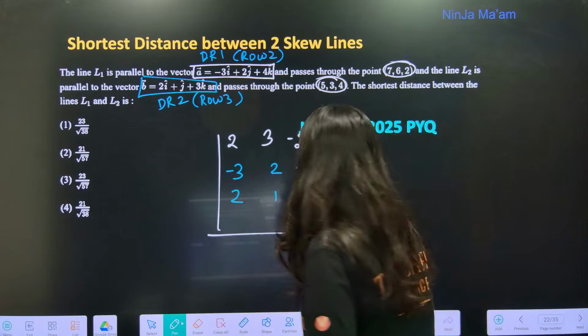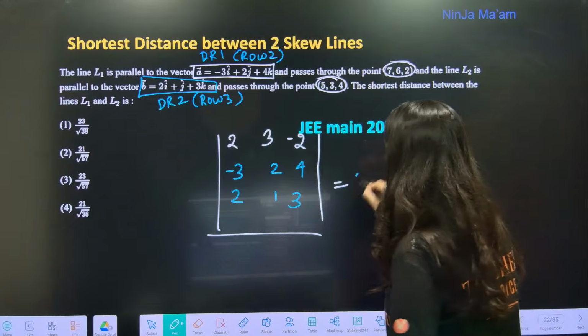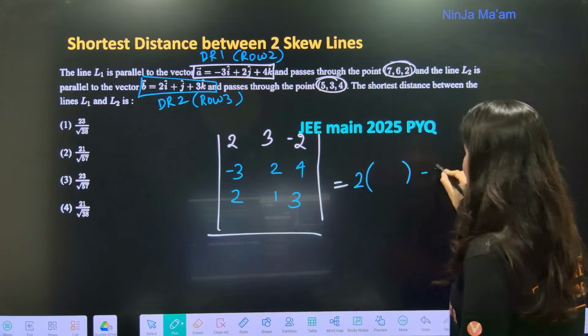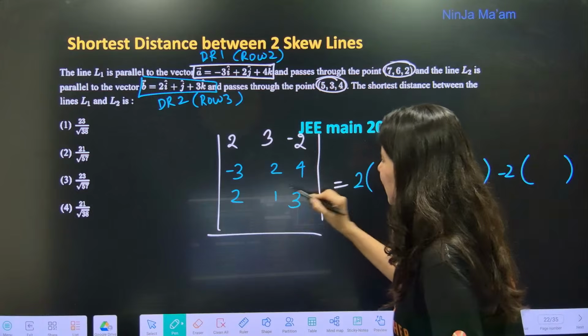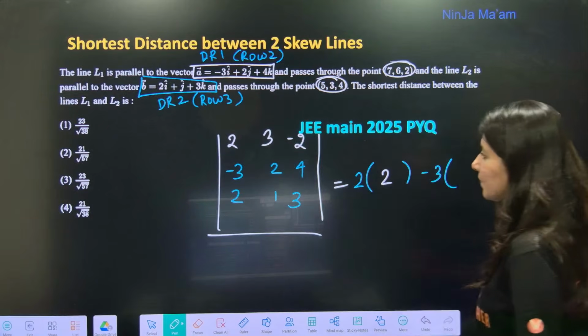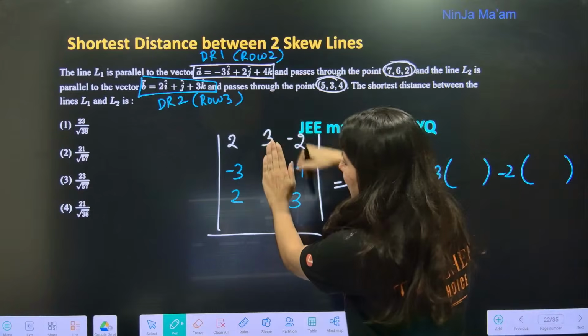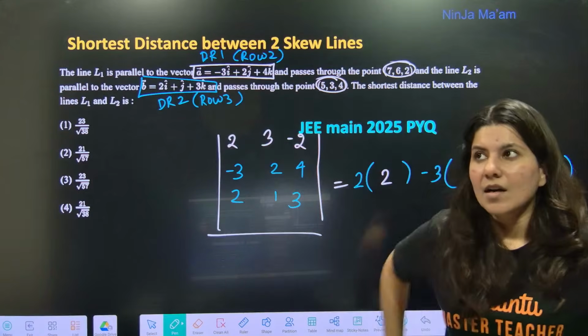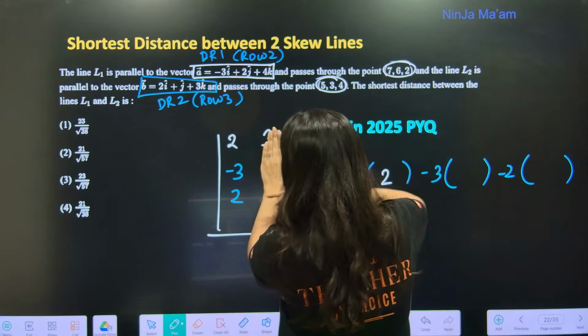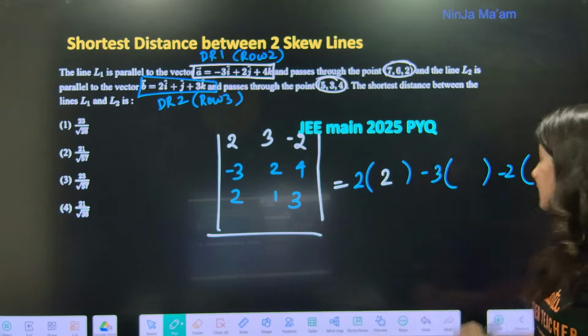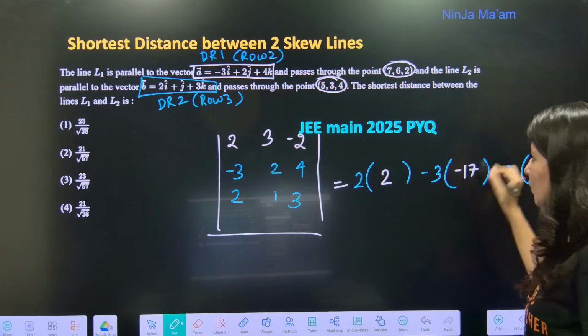Once that is done, start calculating. This is 2, then -3, and then -2. Now 3 2s are 6 minus 4, so 2. Then 3, if you add -9 -8, let me do it again. -9 -8 is 17. Oops, bad number.